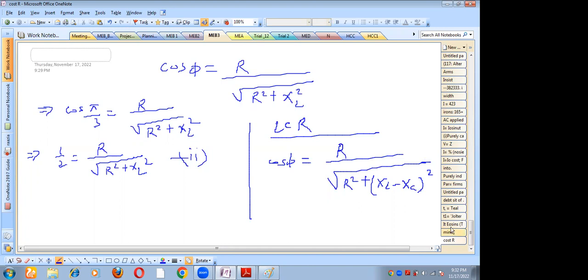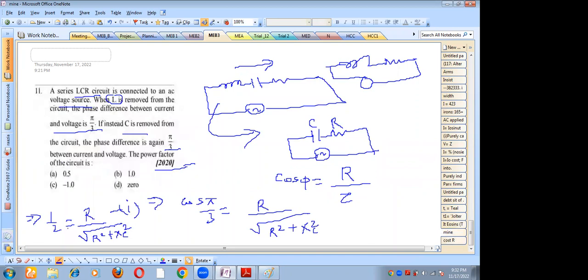From equation 1, we can write 4R square equals R square plus XC square.